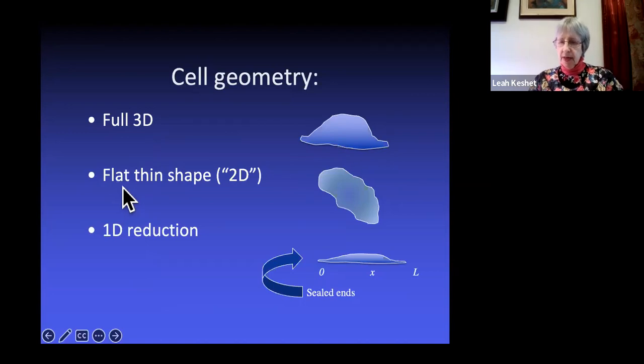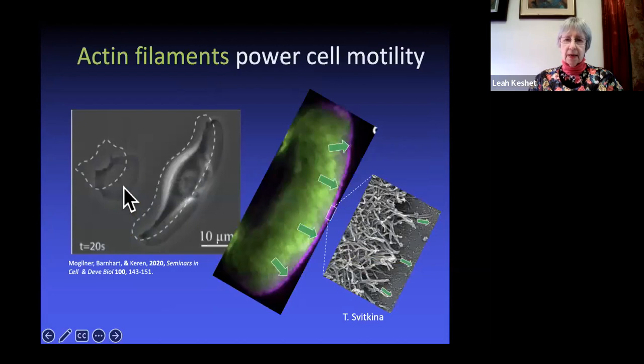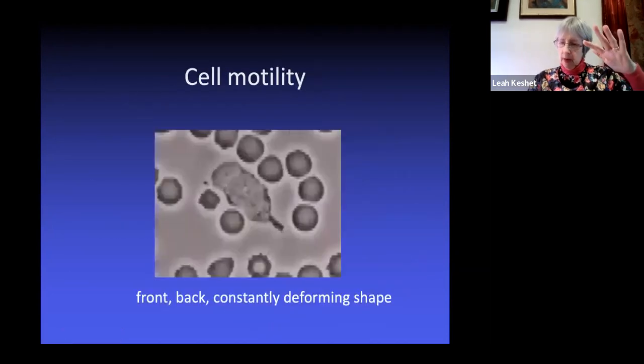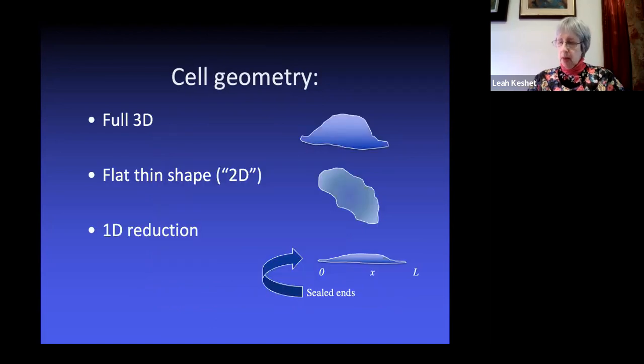What we've seen in this last slide is a view from the top down. The cell is really three-dimensional, but in a lot of what I say today, I'll think of the cell as flattened. So you'll either see it as 2D or even as a 1D reduction for the purpose of simplifying for mathematical tractability.